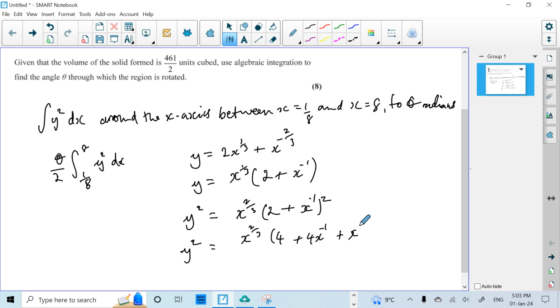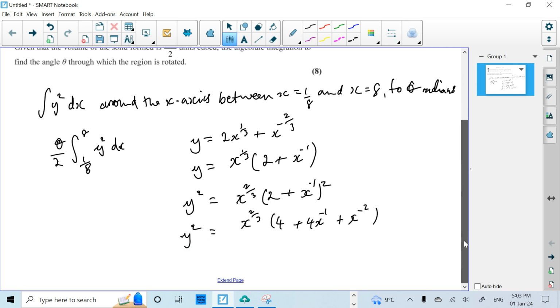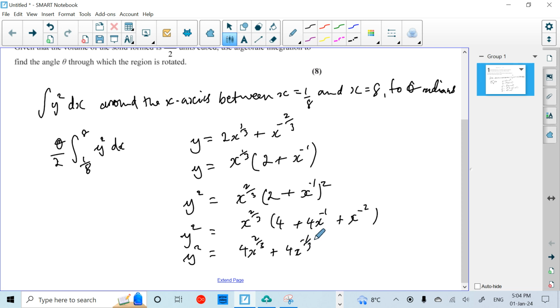And if we expand all of that, y squared will be equal to 4x to the 2/3 plus 4x to the minus a third plus x to the minus 4/3.